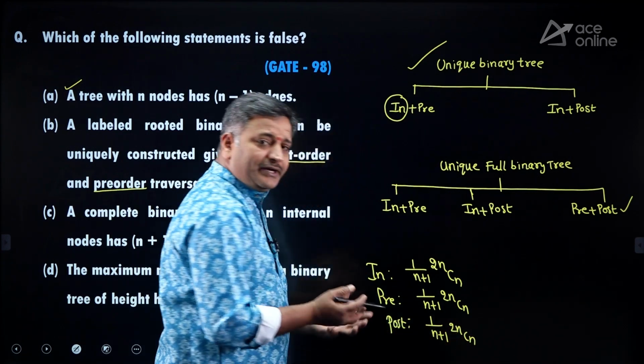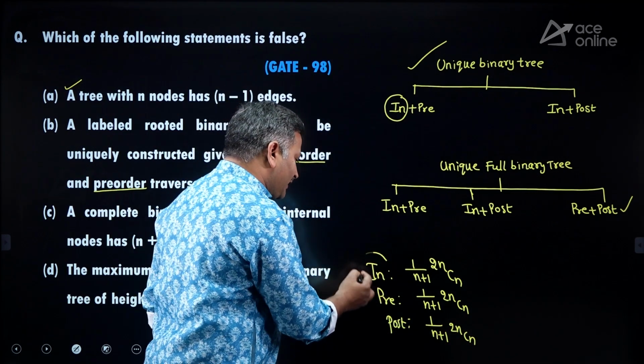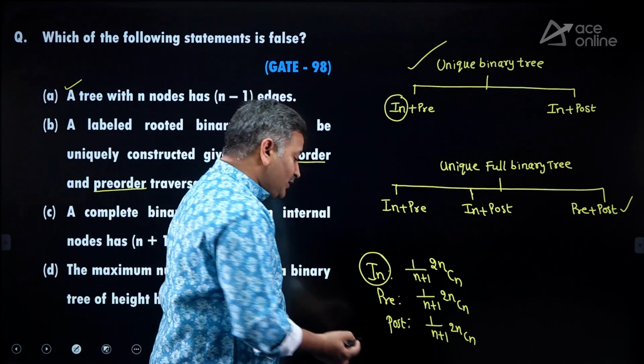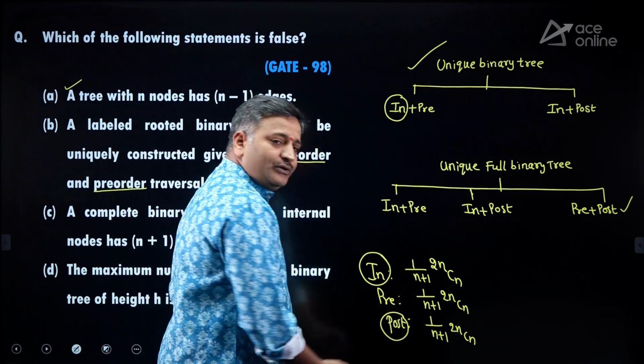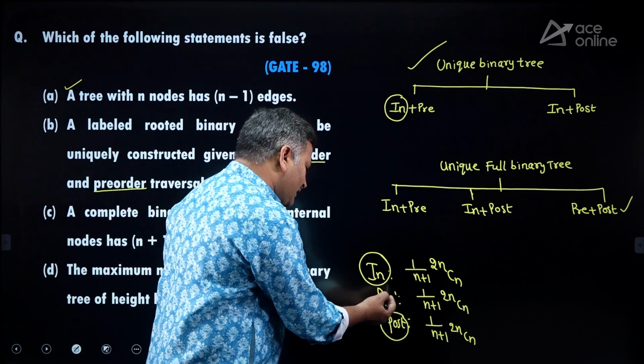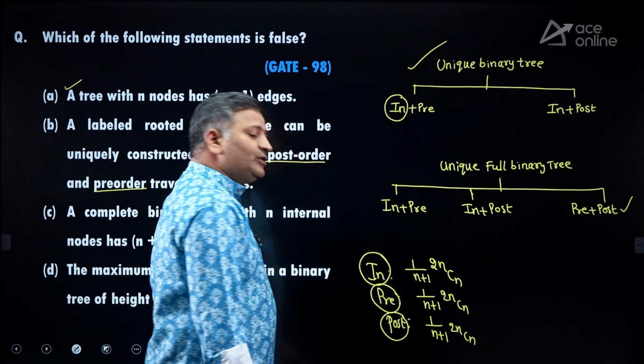It means a unique binary tree is not possible by using in-order, post-order or pre-order traversal alone.